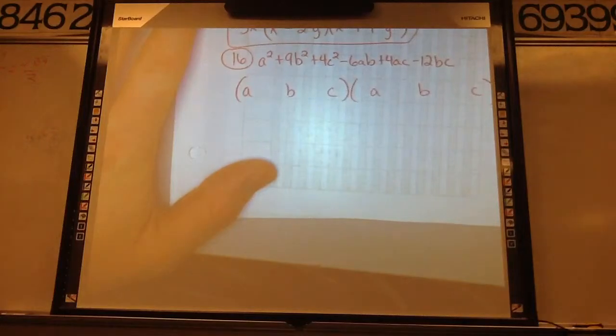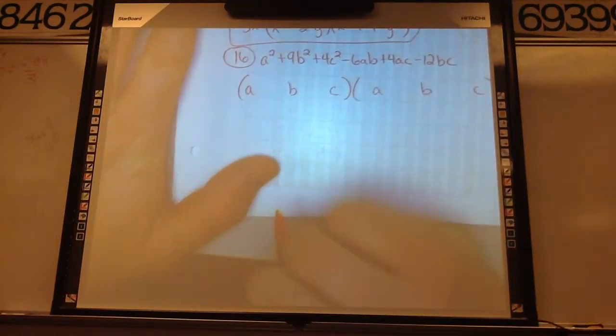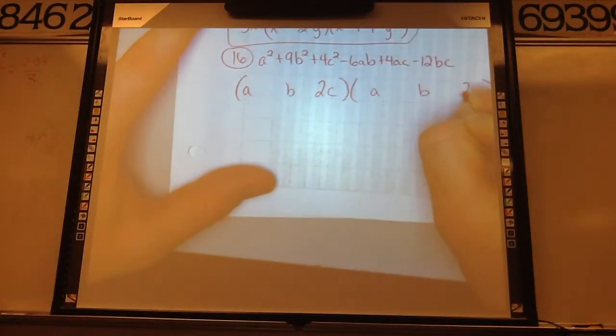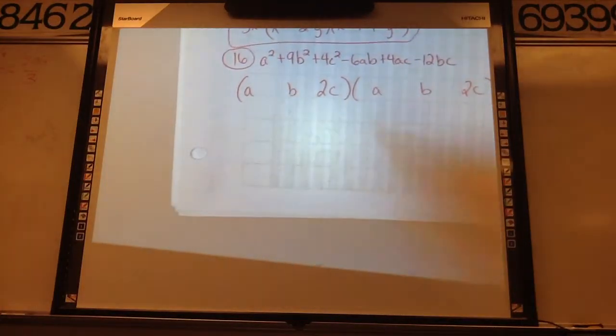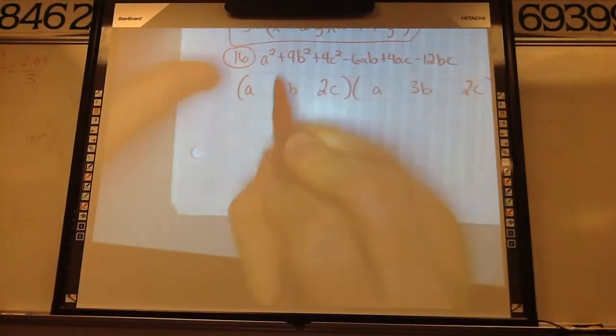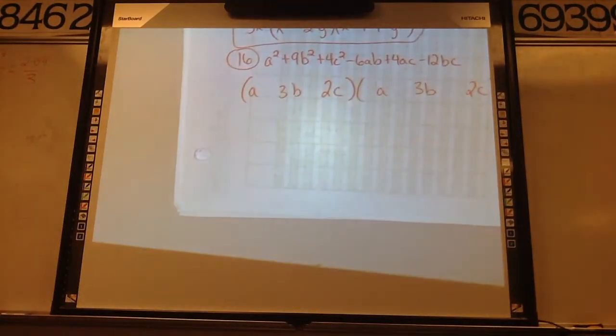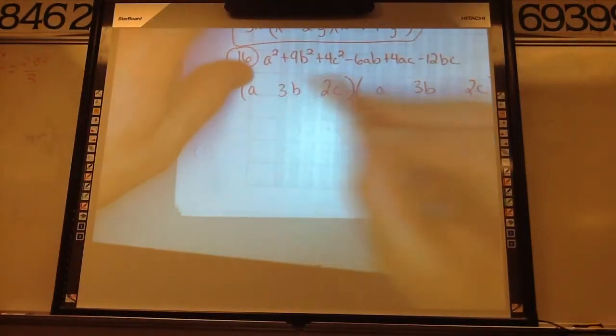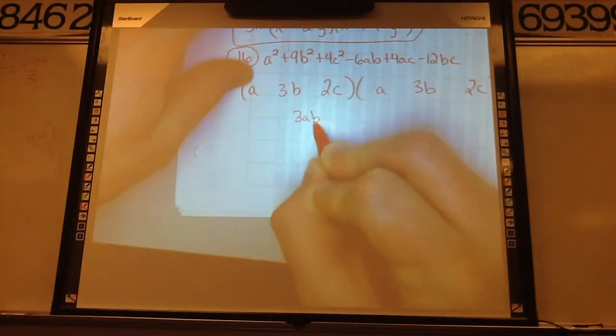I don't remember the answer, so let's try 2 and 2. And then for the B's, what do you want to try? 3 and 3? Might as well try 3 and 3, because that's 9B squared. And then A times A is A squared. I got a 3AB.